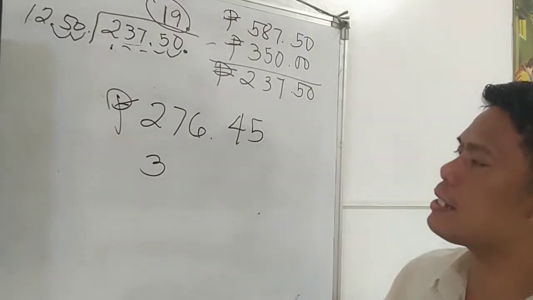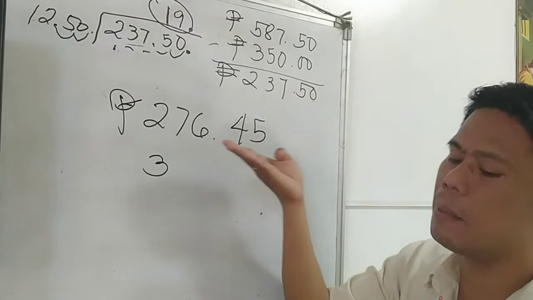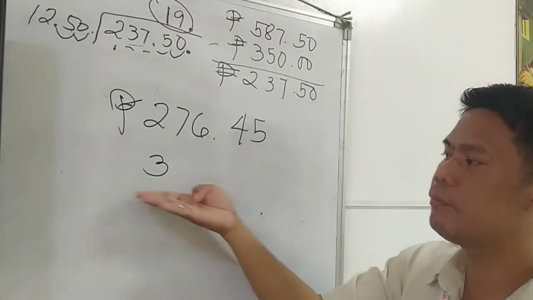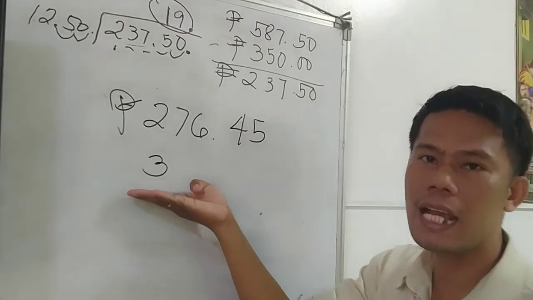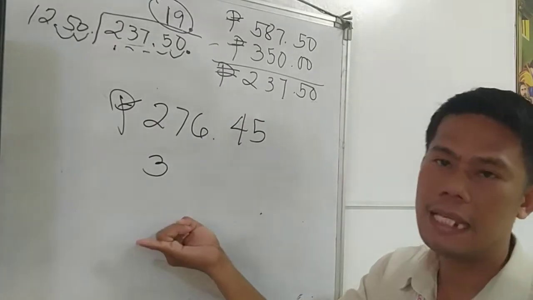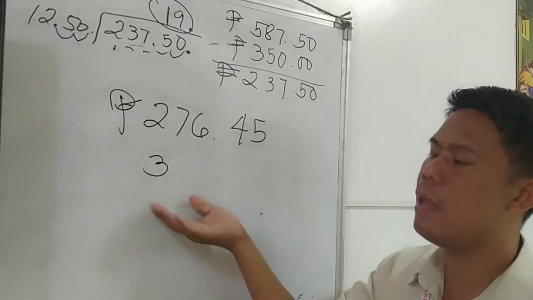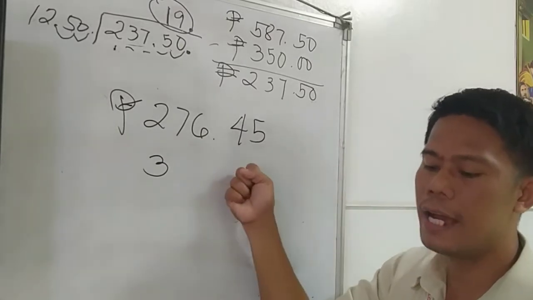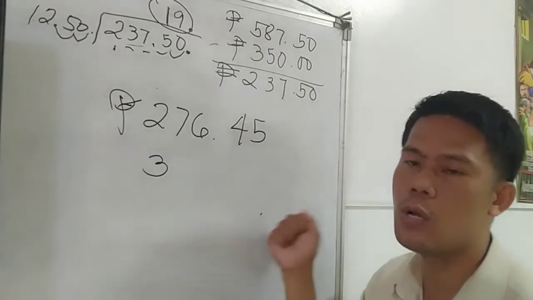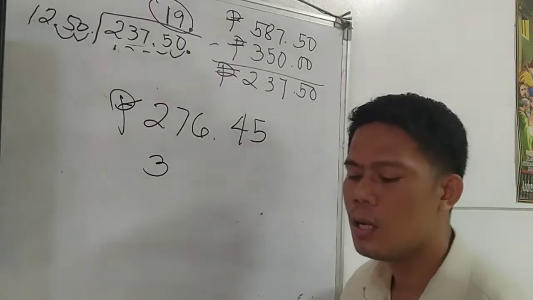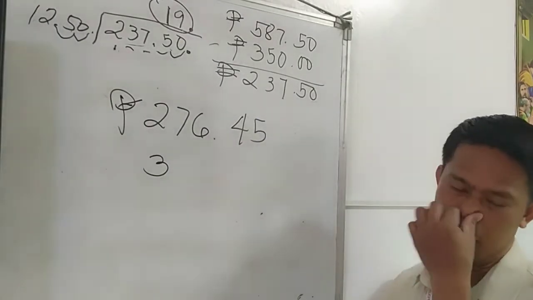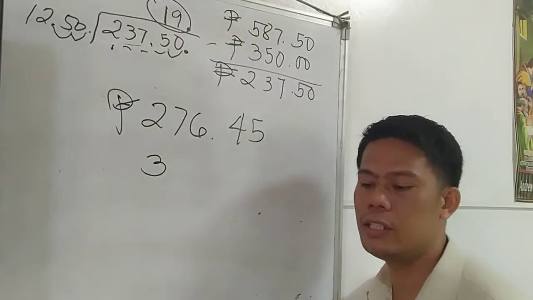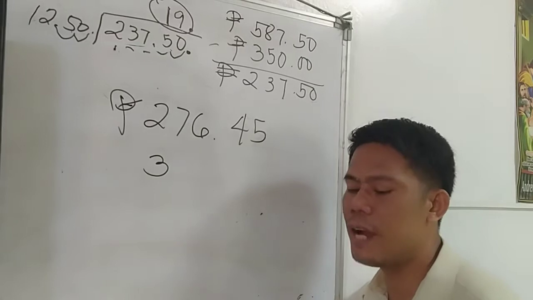So, the given facts now are 276 pesos and 45 centavos, and 3. Where did the 3 come from? Lani, Elizabeth, and Bea, because they are the ones who divide the amount equally. Now, what is our clue word here? Our clue word is each. In other words, you are going to divide.